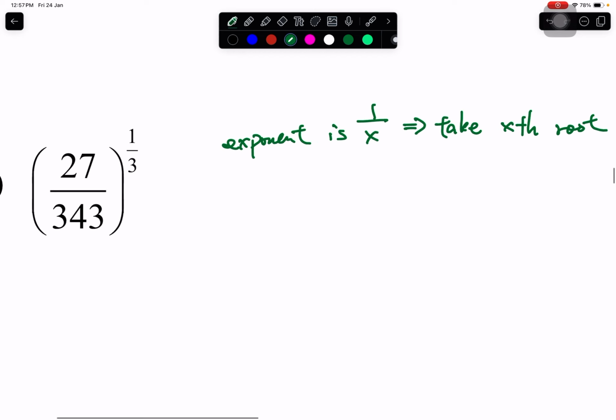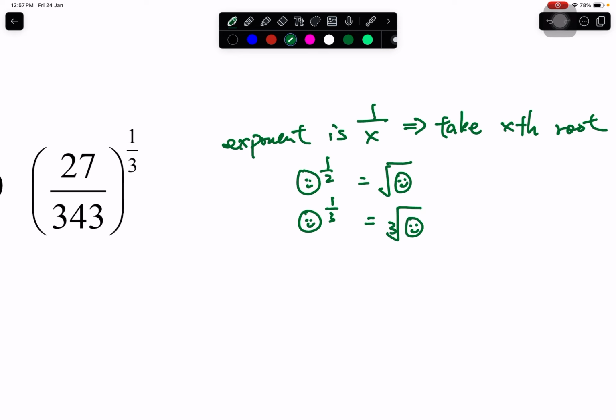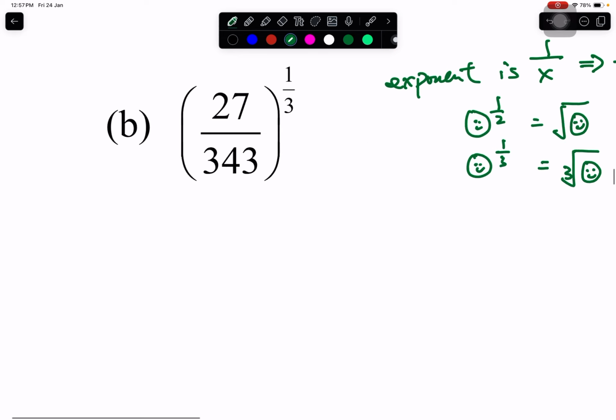So essentially, for example, anything to the power of 1 over 2 means you have to take the square root. Anything to the power of 1 over 3 means you have to take the cube root, and so on and so forth. Okay? So this one, that means we have to take the cube root of everything.